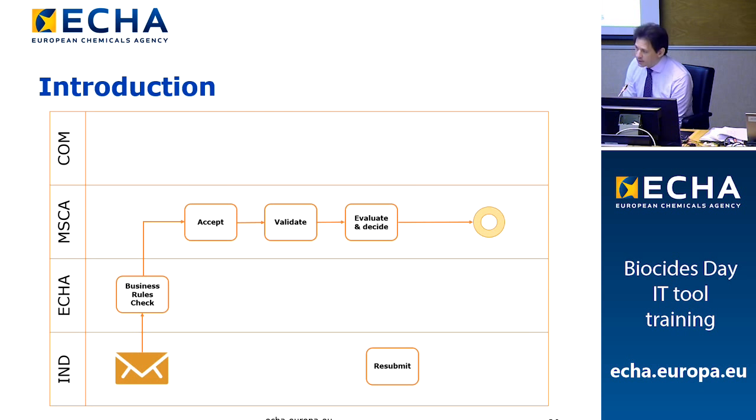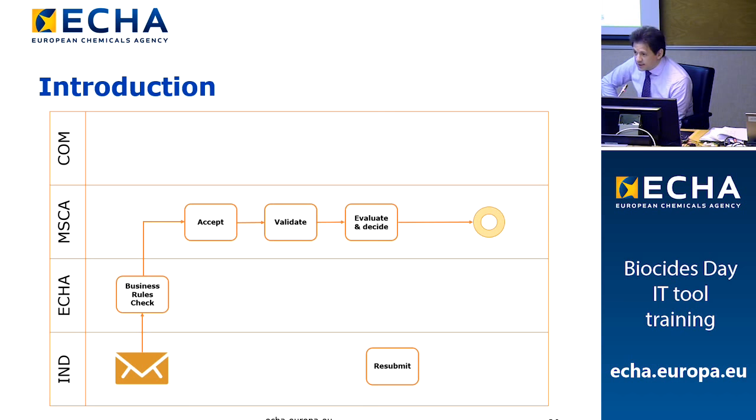Then ECA has to perform some business rules check, which has been successful in principle if everything went fine with your process. And now it's time for the competent authority to perform the evaluations. So as an industry, you just sit and wait because you have done whatever was required for this application.